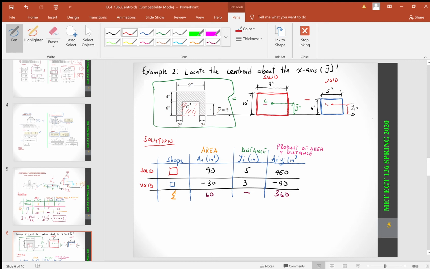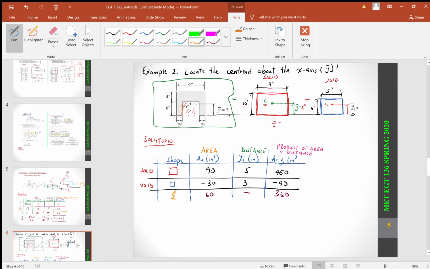So for centroid 1, we have a dimension of 10 by 9. Again, if you want to find the centroid of a rectangle, it's going to be h over 2. In this case, it's 10 over 2, which is 5 inches. Now come over here to the void part. This is the area that I'm looking at right here.